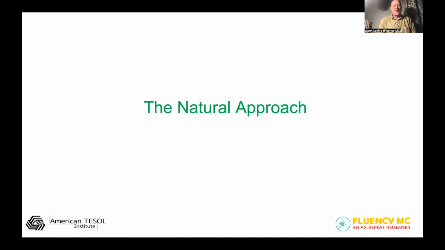Another approach came along. Are you familiar with Krashen and Lewis and the others? It's the natural approach. Very interesting, because the natural approach was also kind of a response to audiolingual, around the same time as the communicative approach, we're talking about the 70s, late 70s anyway.